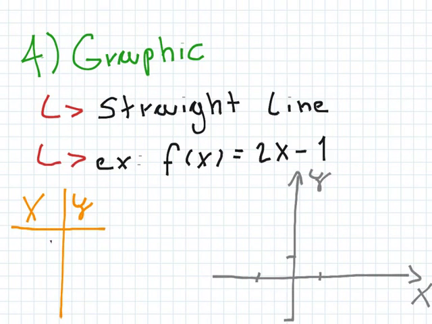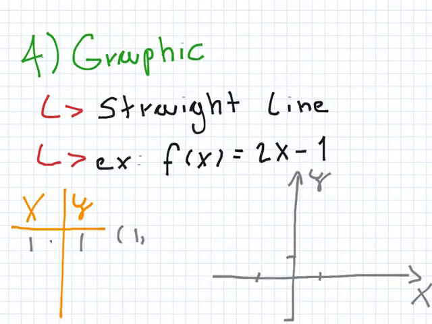Okay, and now regarding the graphic of a linear function, it's really important to keep in mind that it's always a straight line. An easy way to find the graphic, if you already have the function, would be to just plug in some values for x. So let's choose easy values for x, so then you can see the graphic. In this case of the function, when x is 1, we're going to have 2 times 1, that would be 2, minus 1, y would be 1.